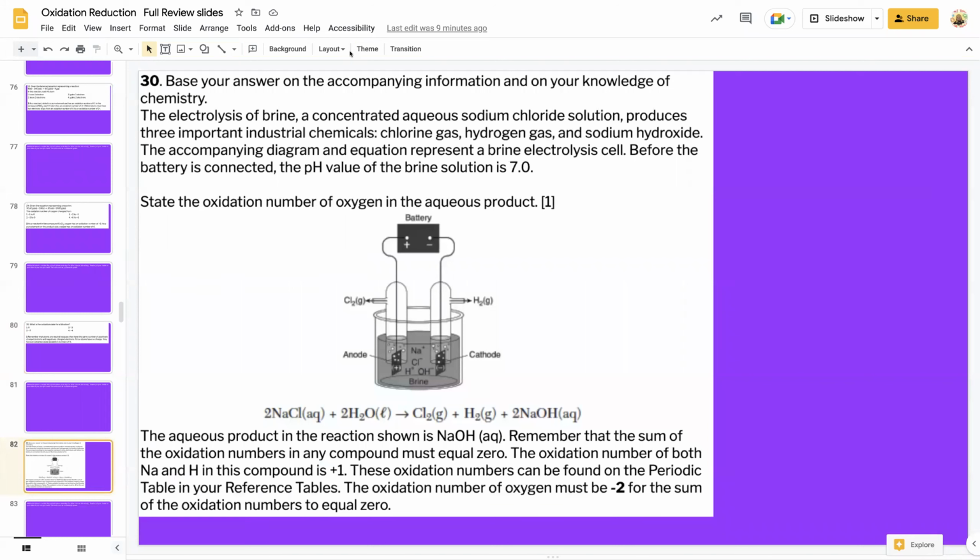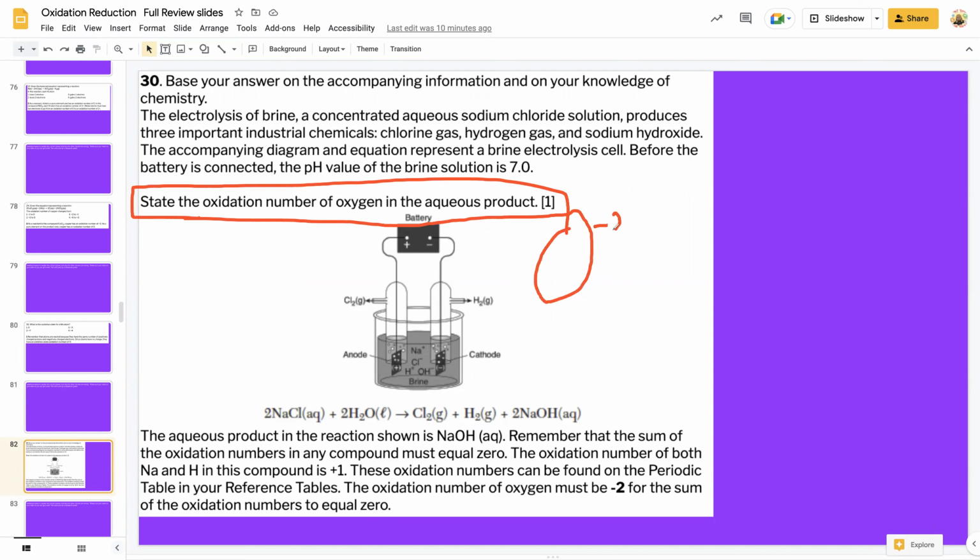Okay. State the oxidation number of oxygen in the aqueous product. Well, if you look on the chemistry reference table, you'll notice that oxygen will always have a -2 charge. So if we didn't know how to do the math here, we'd have to look on the reference table. But they're talking about NaOH. Na, if you look on your reference table, is always +1.